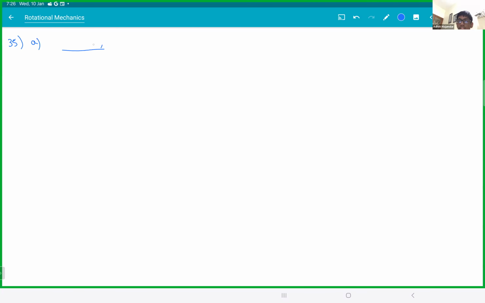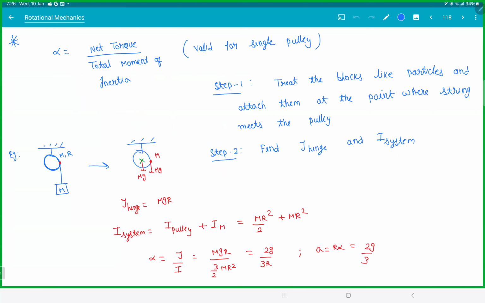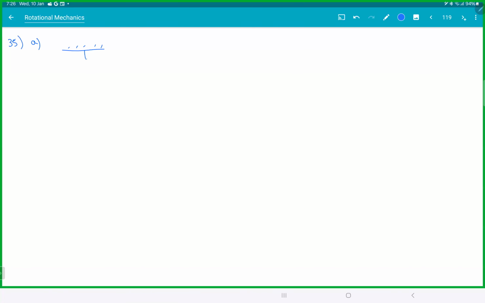Can you show the previous page? Let's say we have M1, we have M2. This is a pulley with mass M and radius R. You can treat it like a disk.